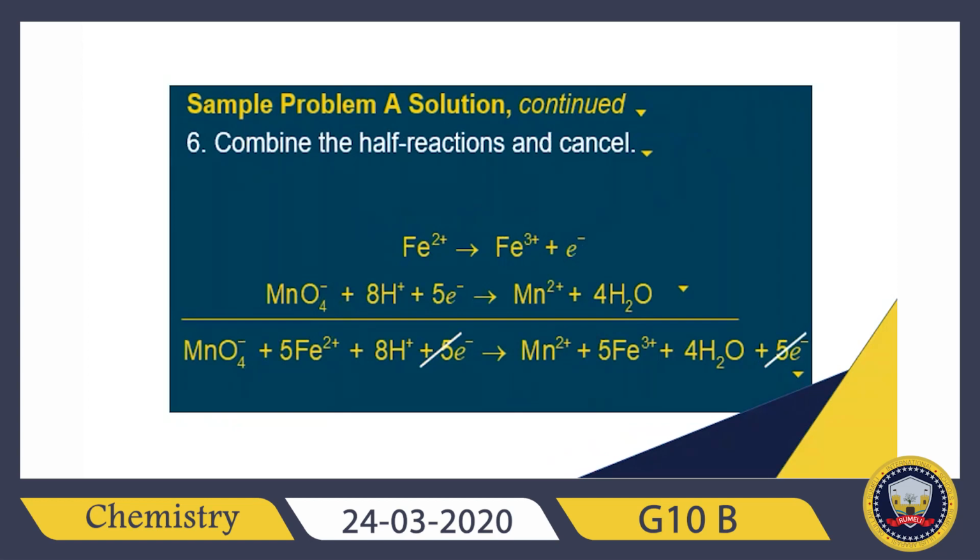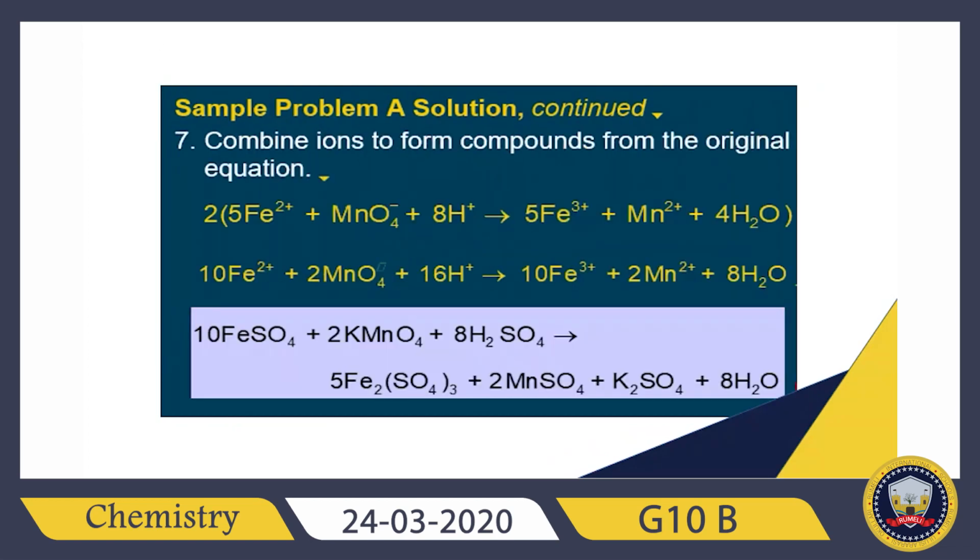Step number 6, combine the half reactions and cancel out the spectator ions. So now, guys, step number 7, combine ions to form compounds from the original equation. So this is our final step.